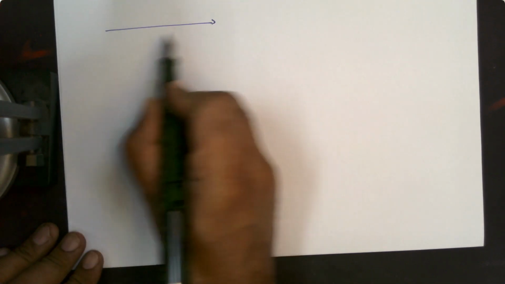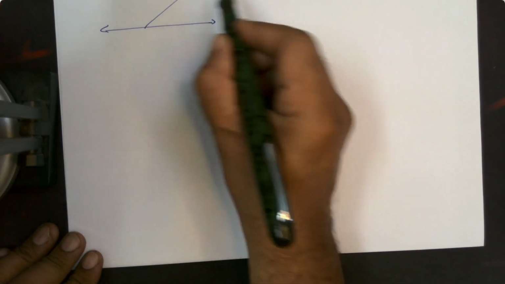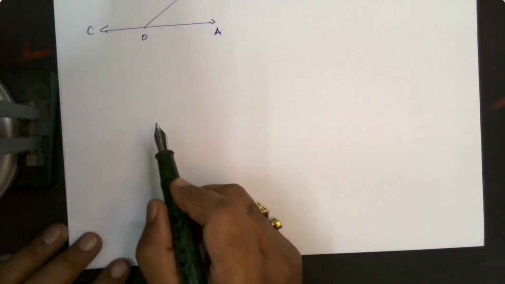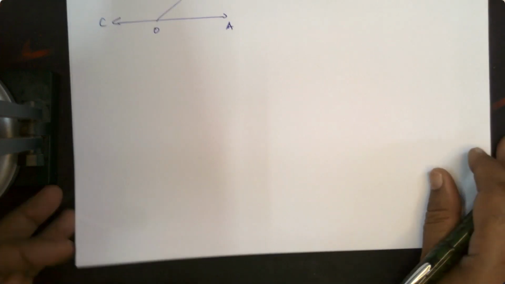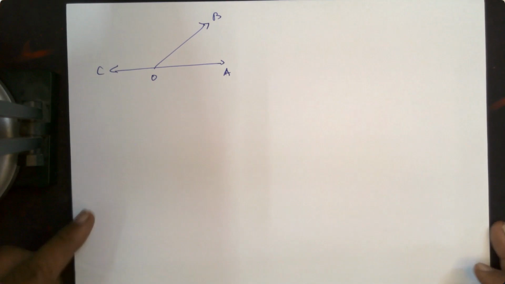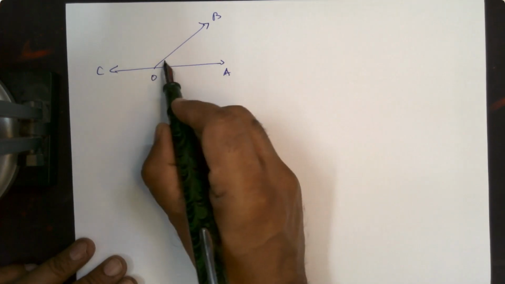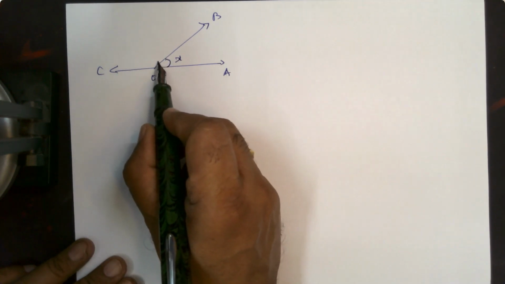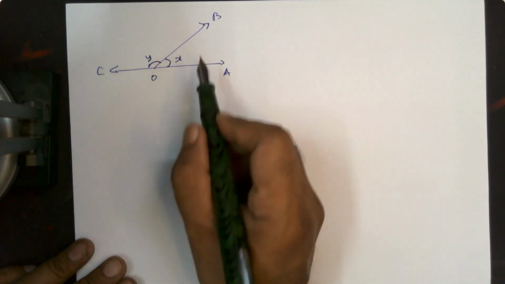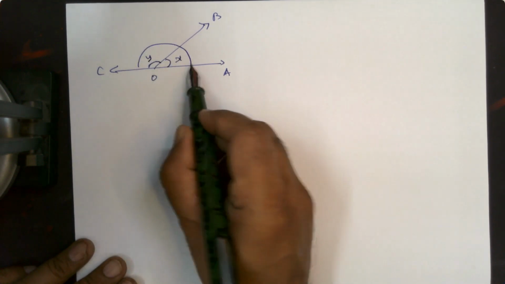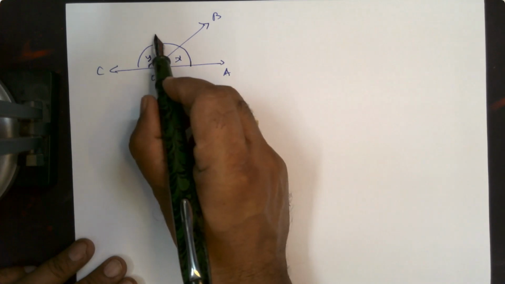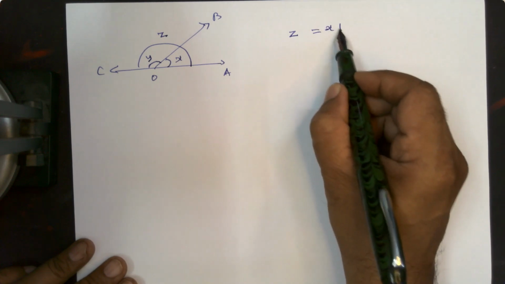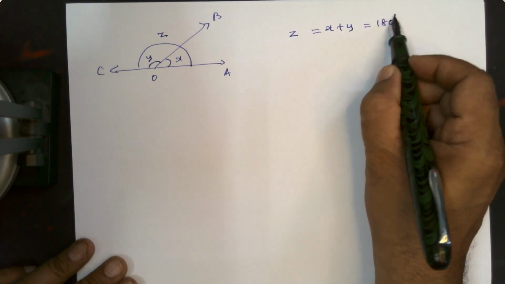Then supplementary angles, that leads to 180 degree. So let me have an angle like this. So this is O, A, B, C, right? So AOB is x degree, BOC is y degree, okay? And what about AOC? That is 180 degree, Z. So Z in this case is x plus y, that is equal to 180 degree.